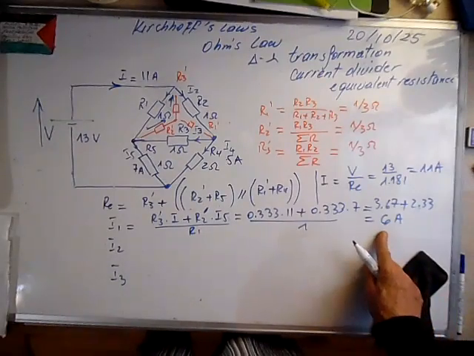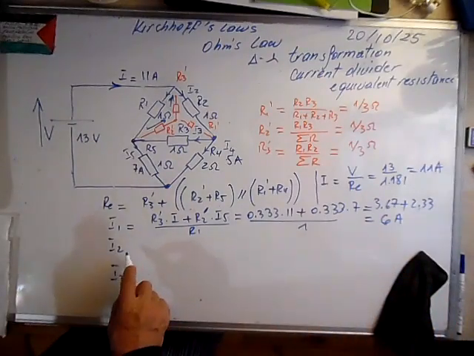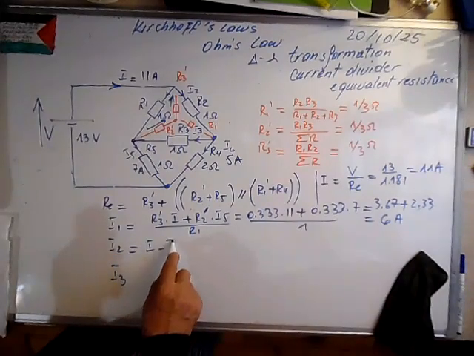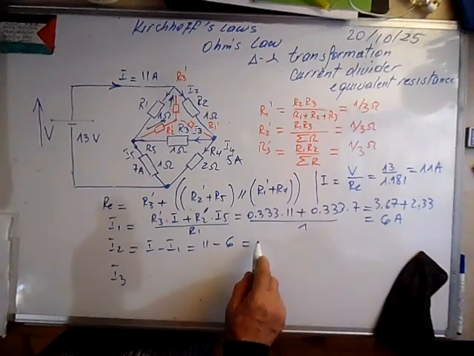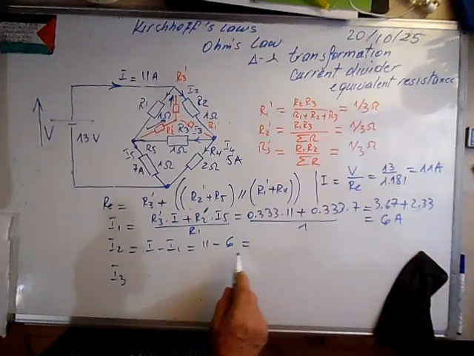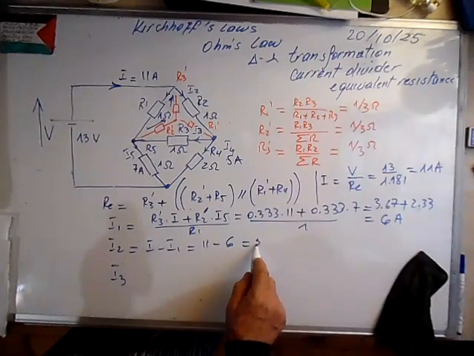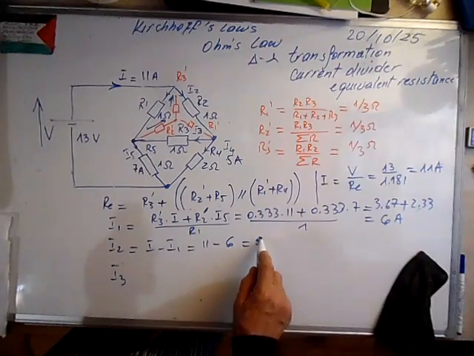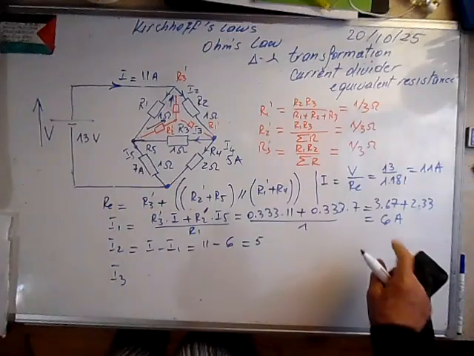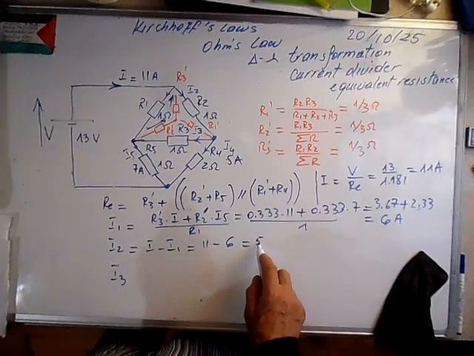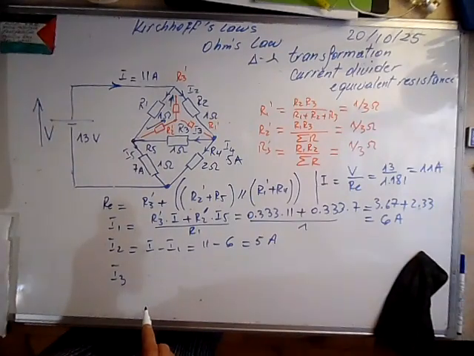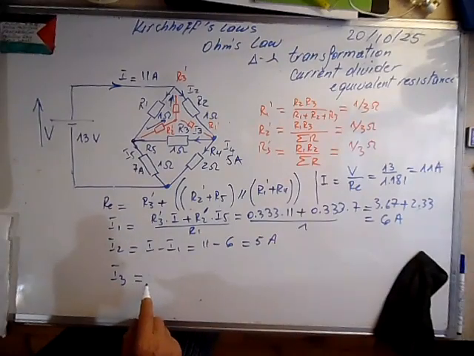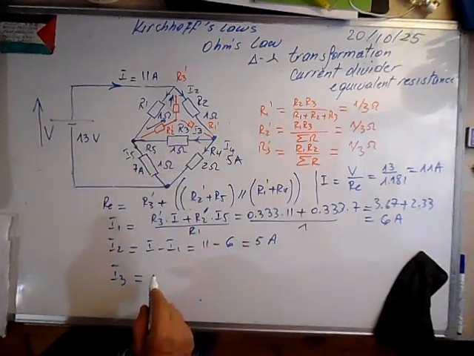Once we have I1, we can calculate I2. I2 is I minus I1. It's 11 minus 6, 5 amps. I1 is 6, we're left now with I3 that flows this way.